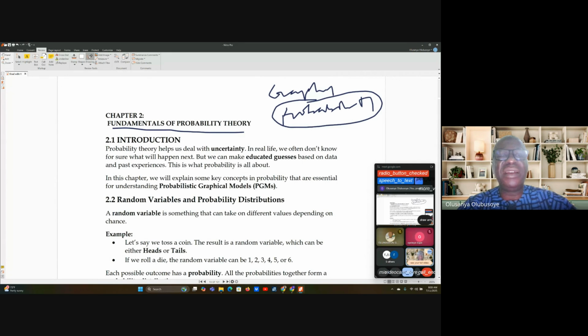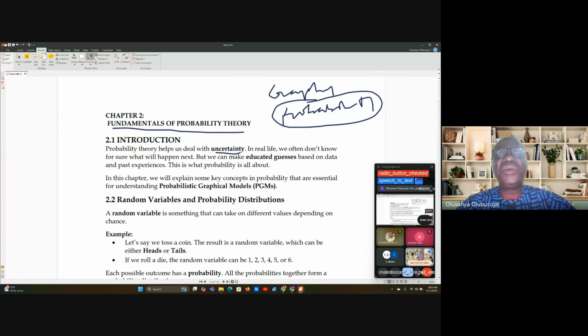Our concern now will be on the probability theory. Probability is a measure of uncertainty. So in life, many things are not certain.